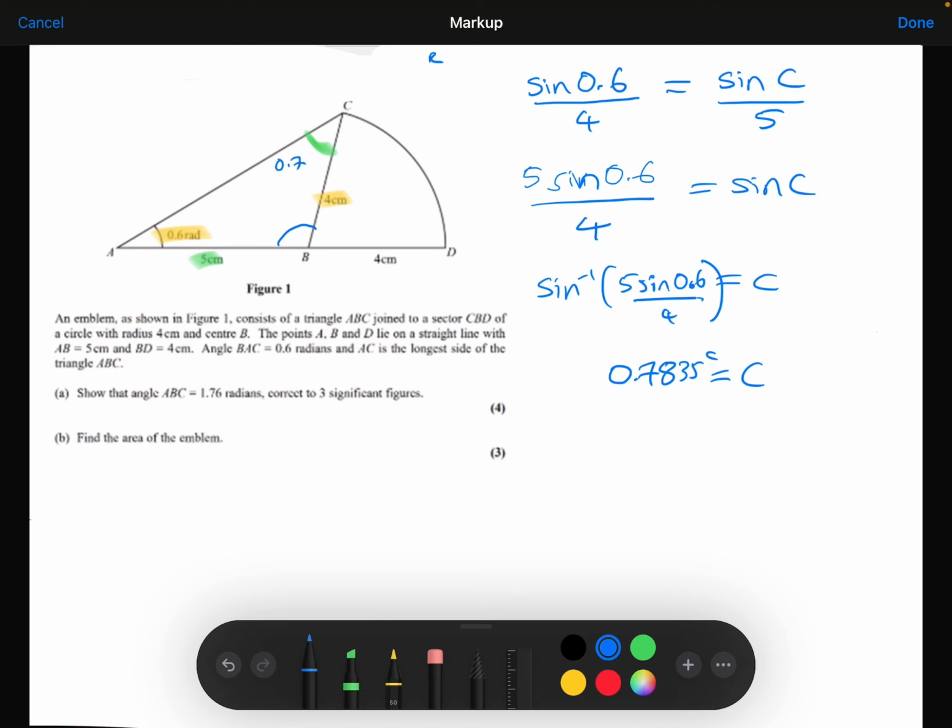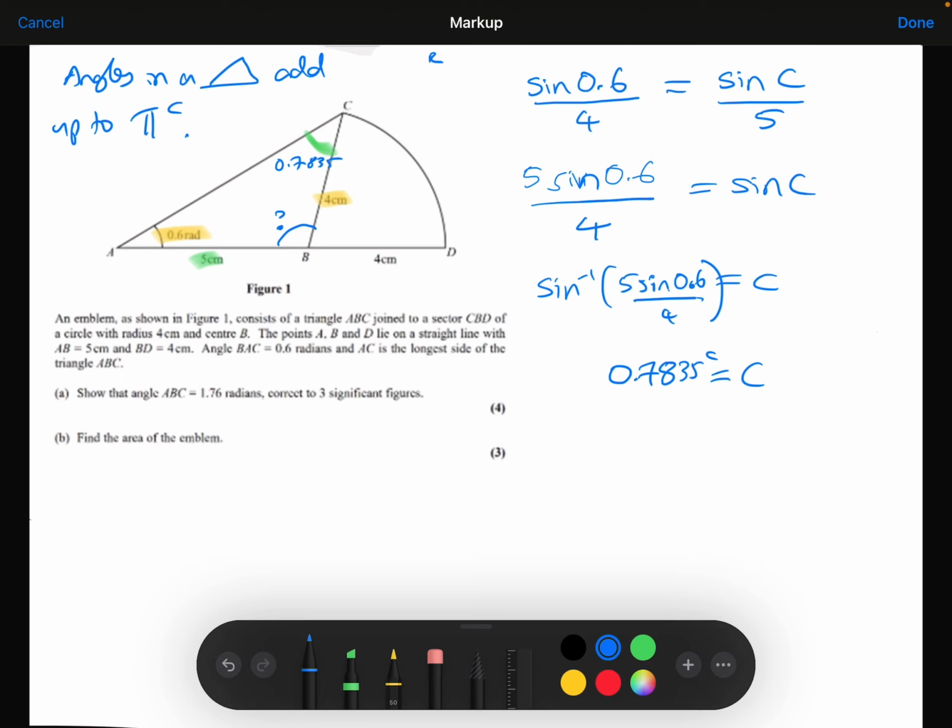Therefore, to work out the angle that we want, this angle here, angle ABC, we know that the angles inside a triangle add up to pi radians. We know in degrees that the angles add up to 180.